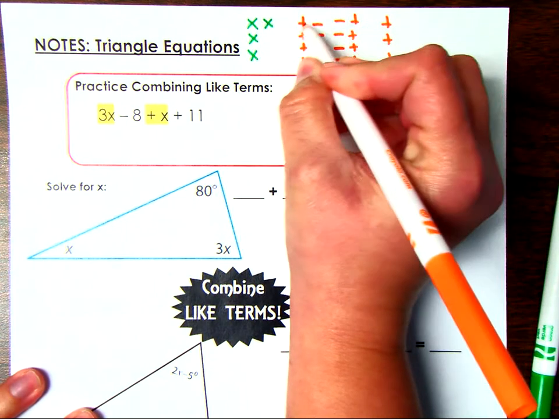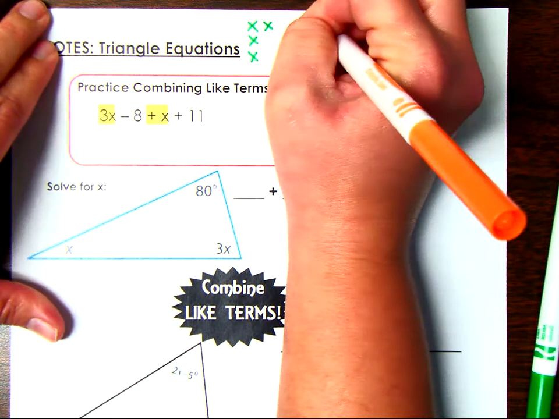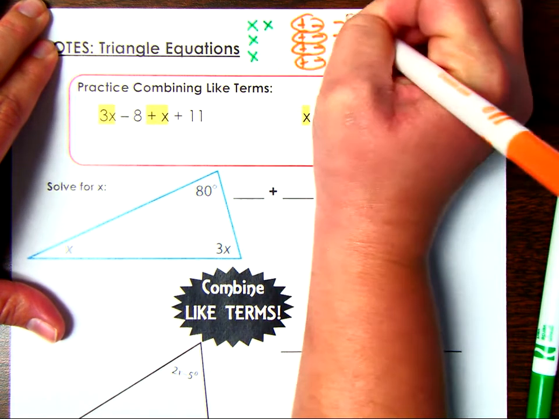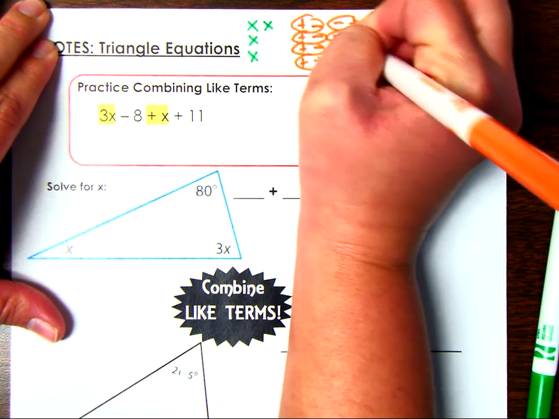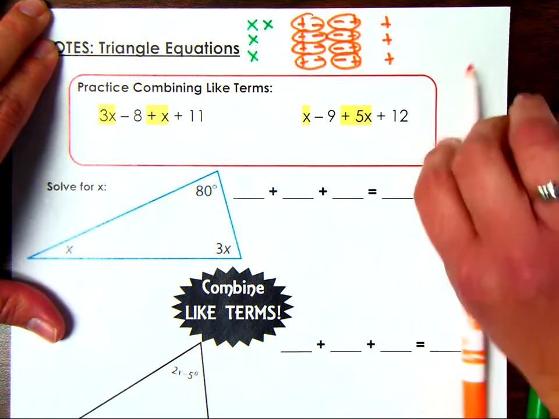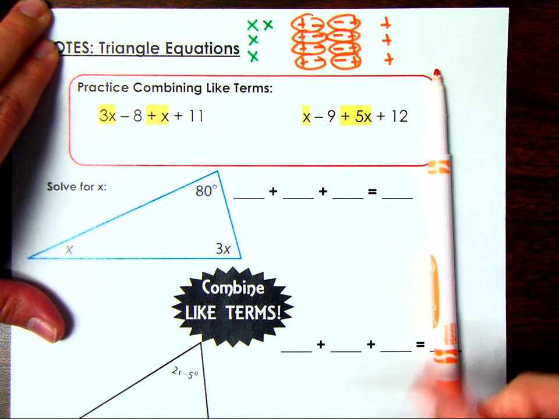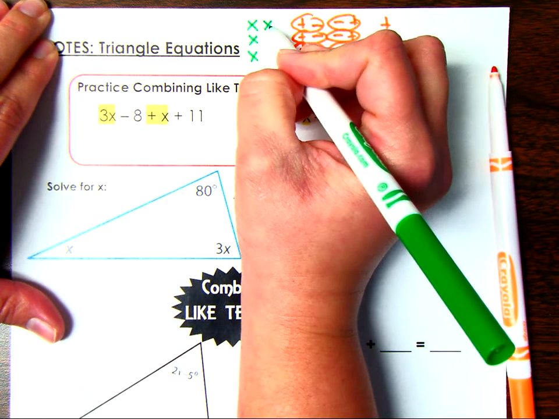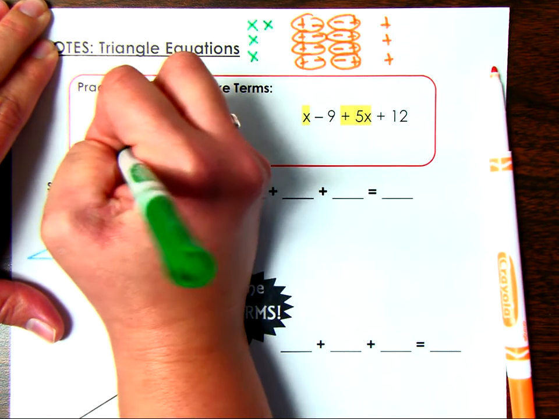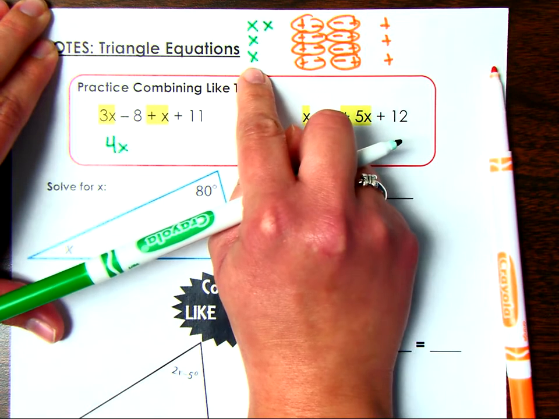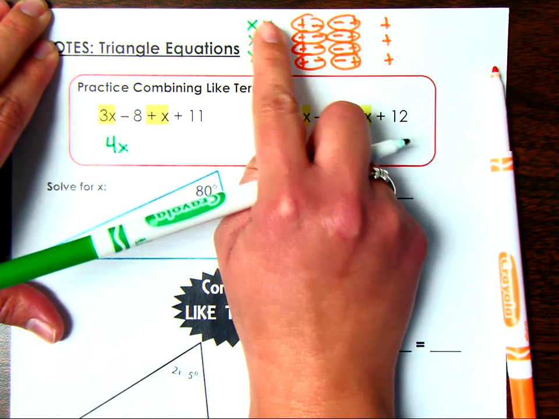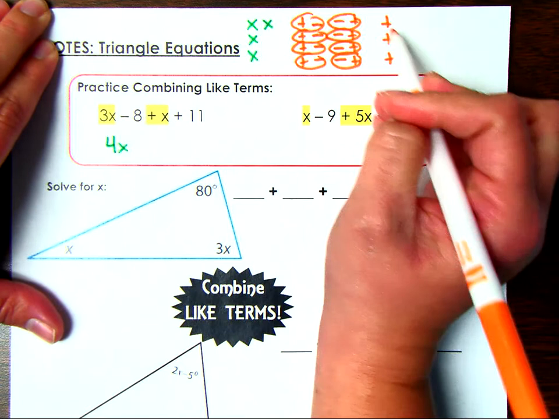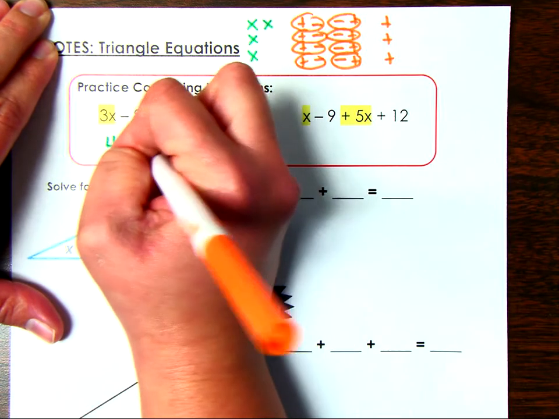I purposely put one positive next to each negative because we have zero pairs and they cancel out. What we see now is 1, 2, 3, 4 x's. One x and a negative x would make a zero pair, but we had no negative x's. And after these zero pairs, we have 4 positives.